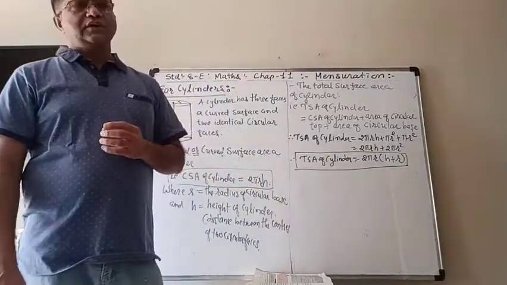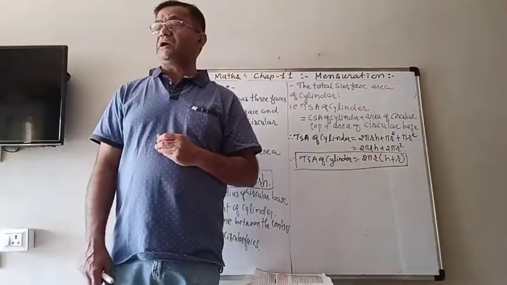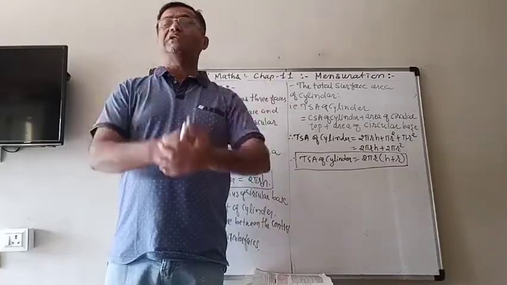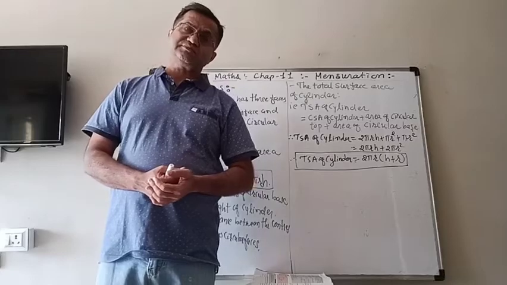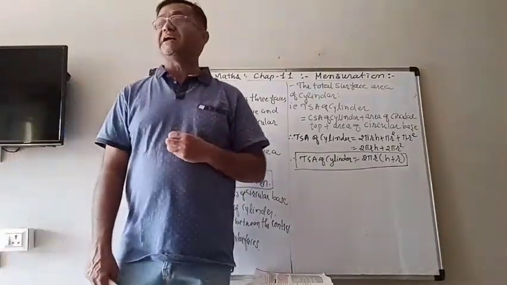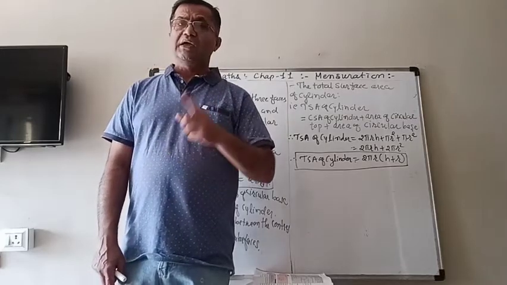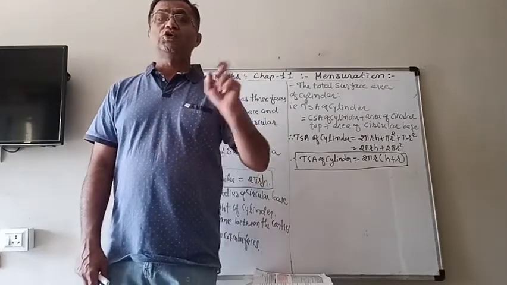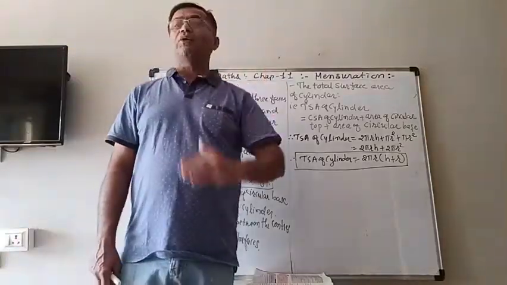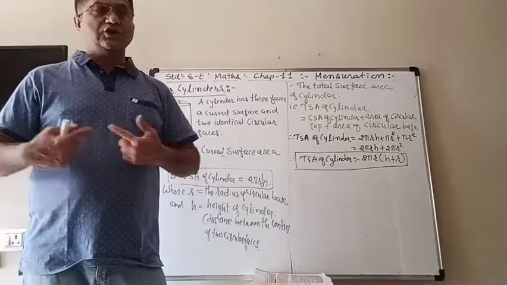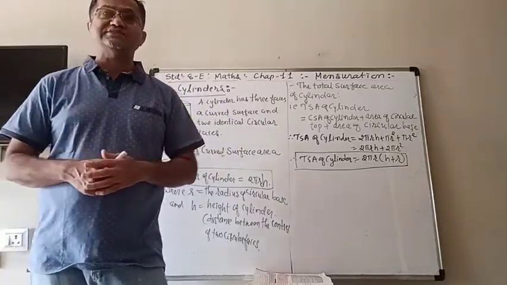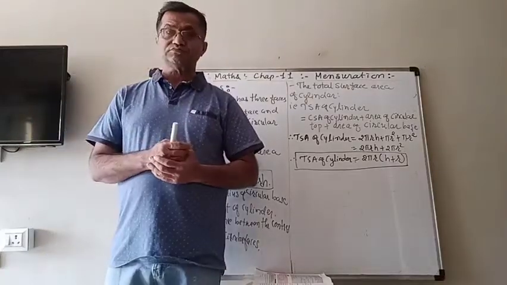So if you find the total surface area, then you include all the 6 faces. And if you talk about only the lateral surface area, you don't count the top and bottom faces. Means only the 4 sides are included.